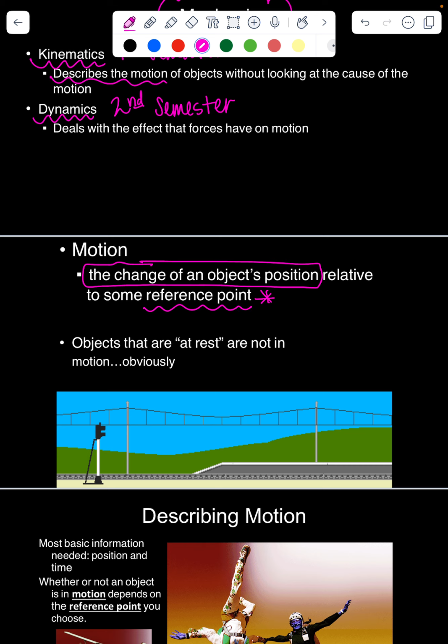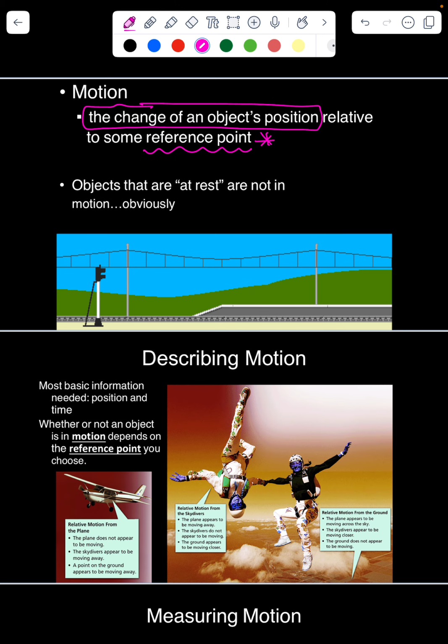Now that reference point is going to play into big things later on. You always have to have a reference point. It's your reference point that's going to tell you if you're moving to the right or to the left or something like that.